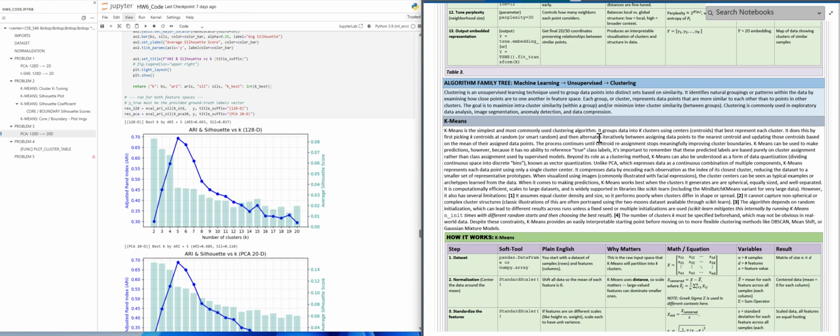So it picks them at random, then finds all the data points that are closest to those random k samples that were selected.